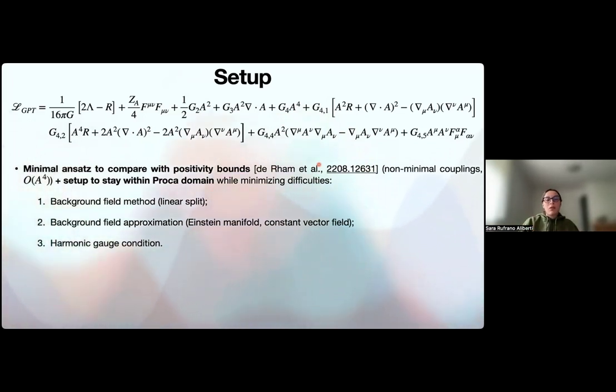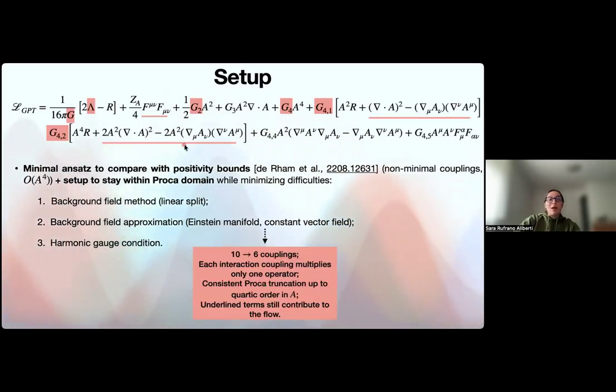In order to get a closed form of the vectoric equation, we performed the background field approximation, and we chose as background field for the gravitational sector an Einstein manifold, while for the vector field, we chose a constant vector field. Last but not least, in order to simplify the calculations, we chose the harmonic gauge condition for the gravitational sector.